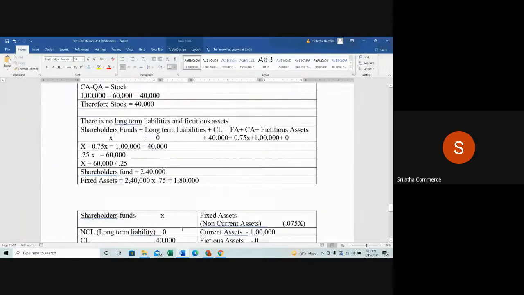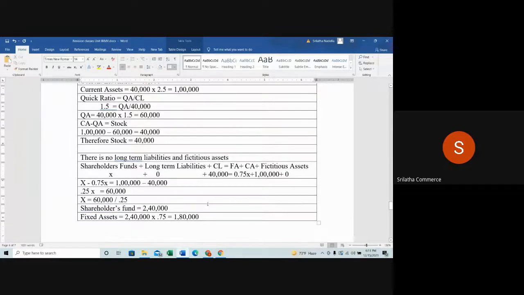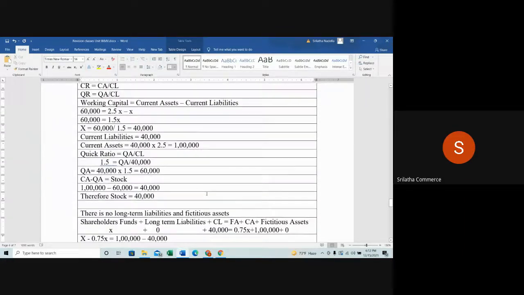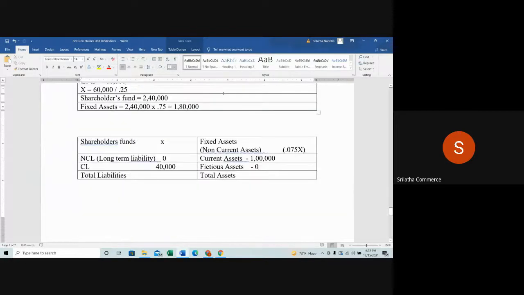I put it in the balance sheet T-shape format, and I'm showing the same equation where we solved and found out shareholders' funds and the fixed assets. Clear? Any doubts? Shall I close?